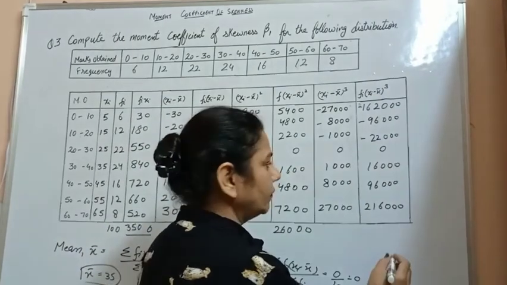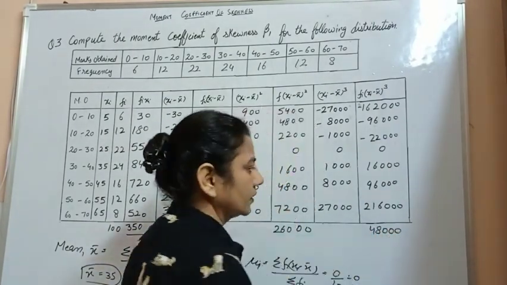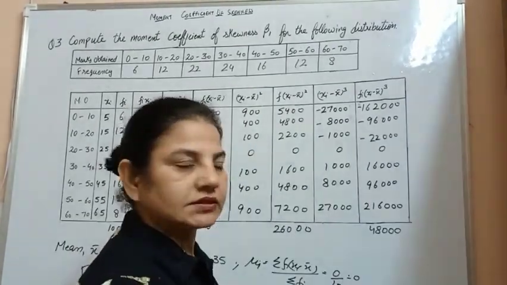Now add this, and you will get 48,000. Now we calculate the second and third central moments.